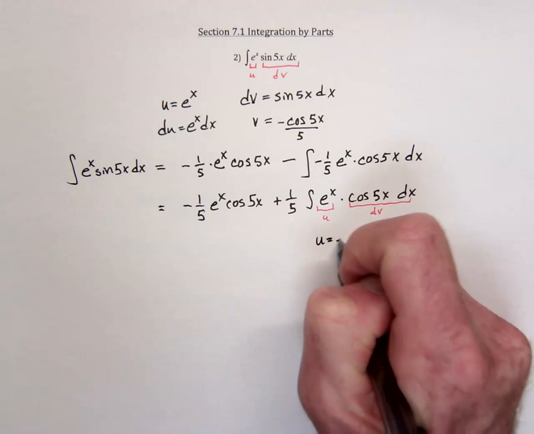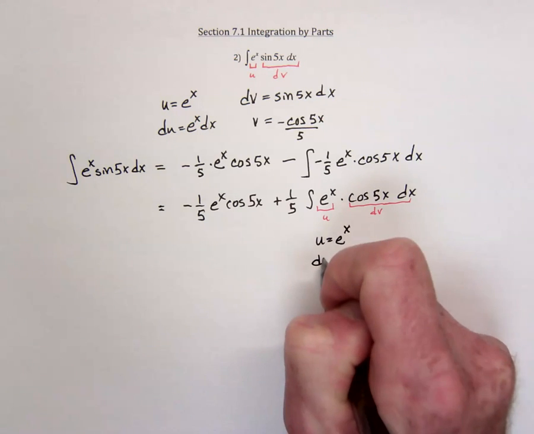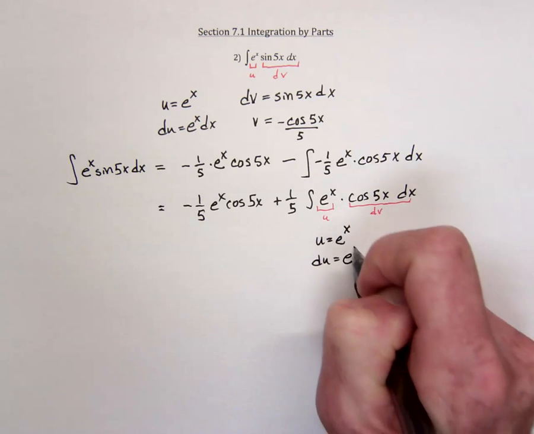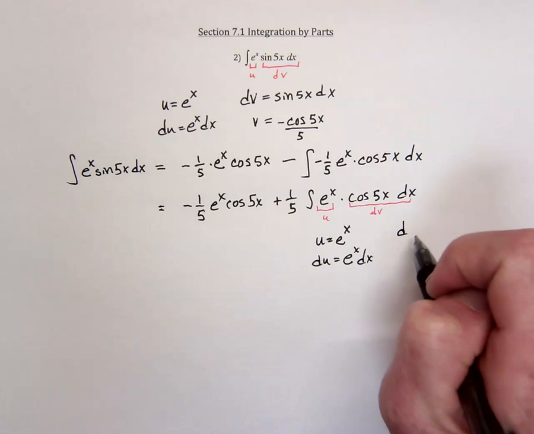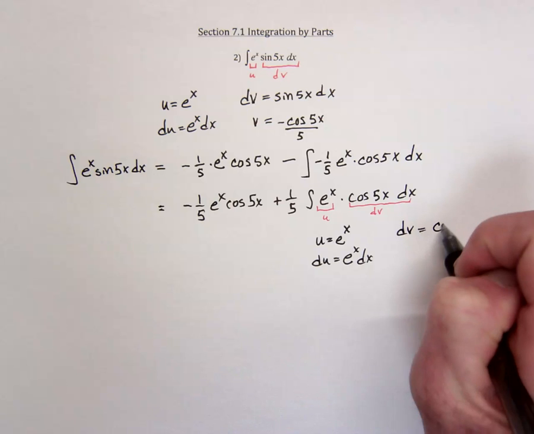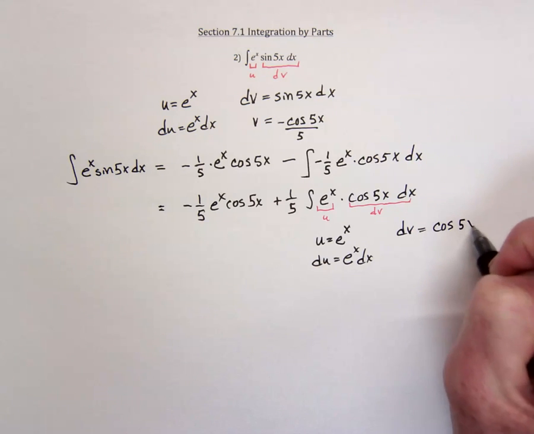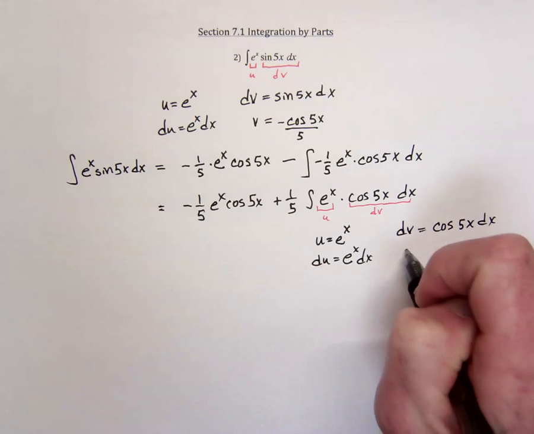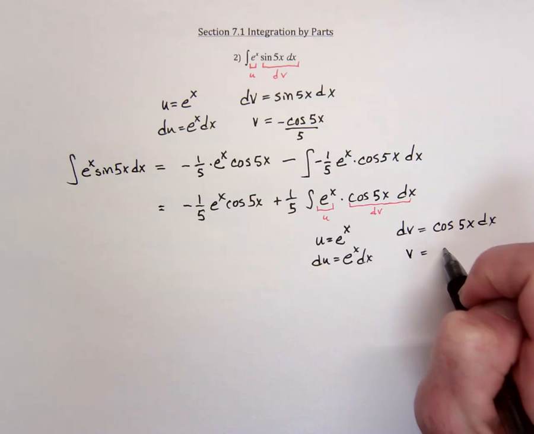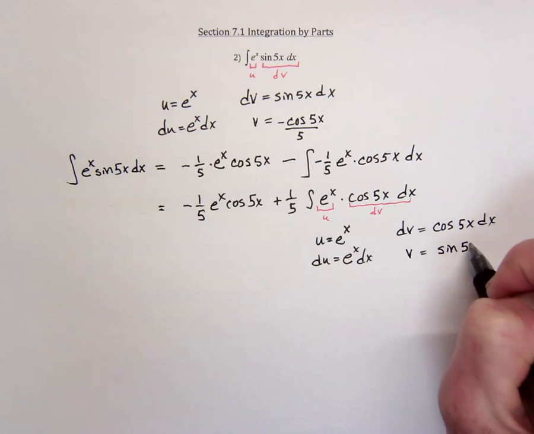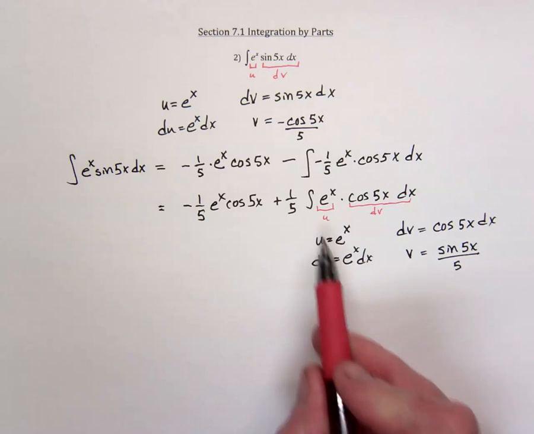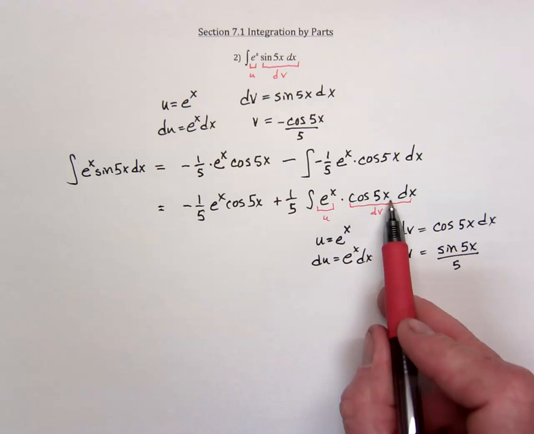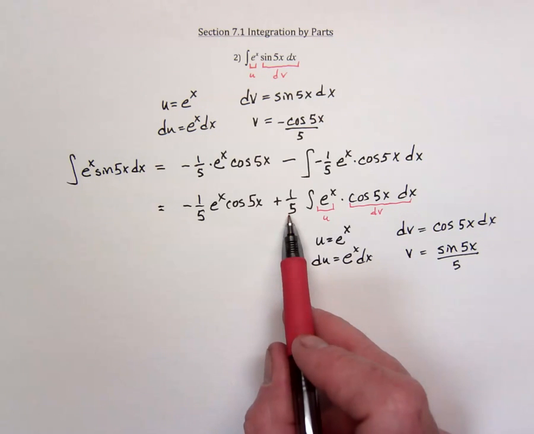So u is equal to e to the x, and the derivative of that is e to the x. Let dv be the cosine of 5x. In this we need to integrate, which will be a positive sine of 5x divided by 5. Now keep in mind, we're integrating this, the 1/5 applies to the whole thing.